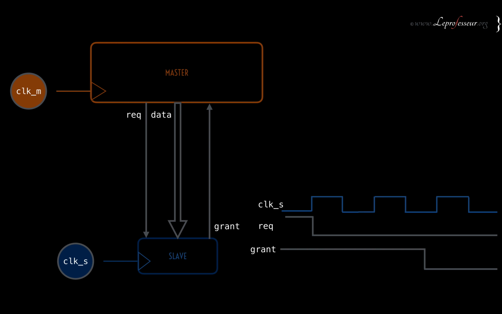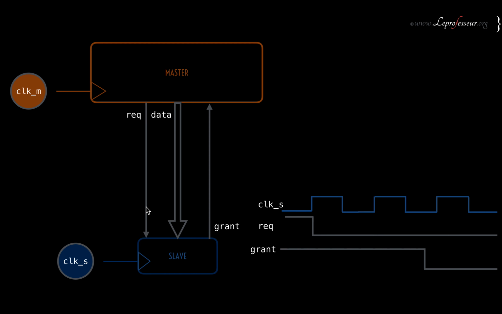Another scenario can be at the slave side, where slave is running at its clock, which is slower than the master clock, and the slave asserts or de-asserts the grant based on the request.